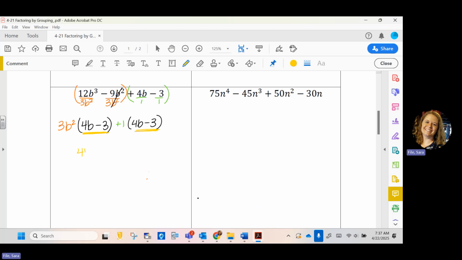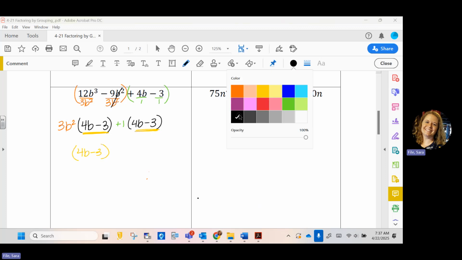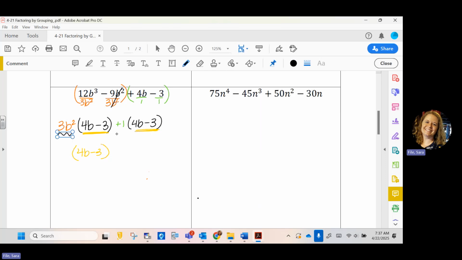So I know 4b minus 3 is a factor. And then I bring together my GCFs that I pulled out, which was 3b squared plus 1. Again, I can't do anything further with that. 3 is not a perfect square or cube, so that's it. That's as far as I can take it.